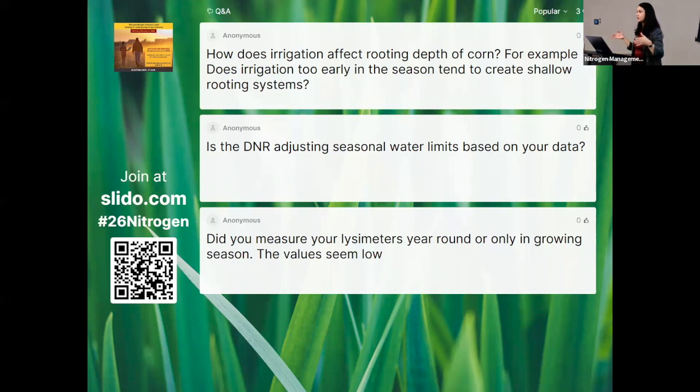So it's always recommended to use more deficit, or I would say management allowable deficit, if you are managing irrigation. That's the term that we use. So higher MADs at the beginning or the end of the season, and then around 30, 40, 50% in the middle.